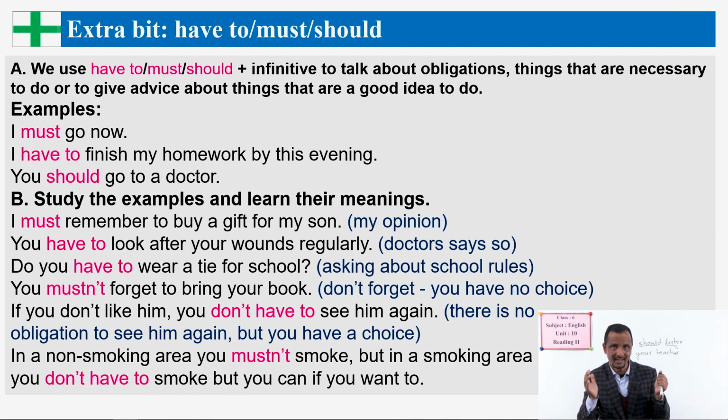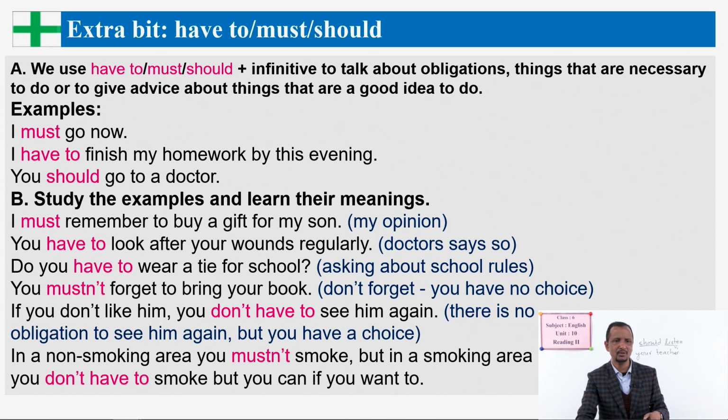That may be, right? Now B, study these examples and learn the meaning. So I hope you will read this and you will understand. Now just one sentence: I must remember to buy a gift for my son. It means I have to buy, right?